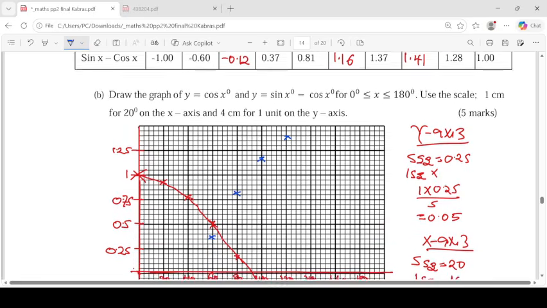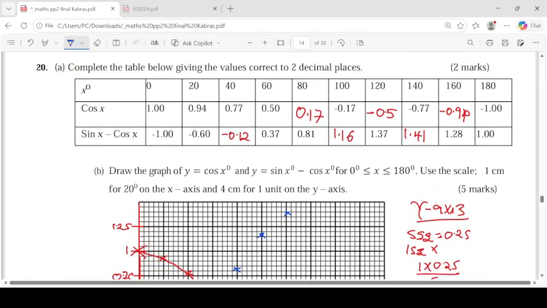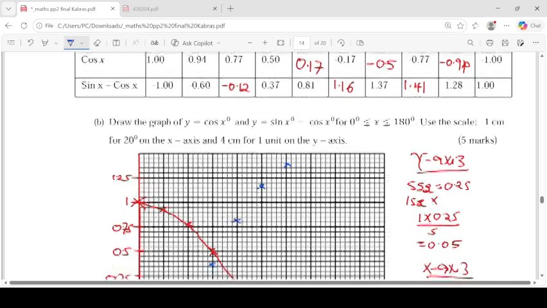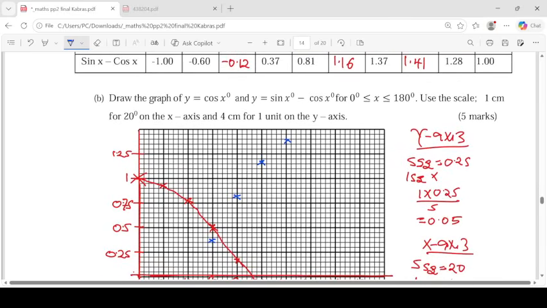Then at 140, that is 1.41. 1.41 divided by 0.05, that is 28.2. Let me count. 5, 10, 15, 20, 25, 26, 27, 28.2.